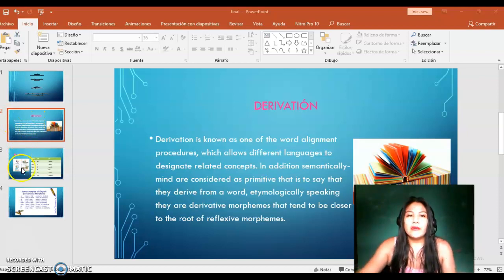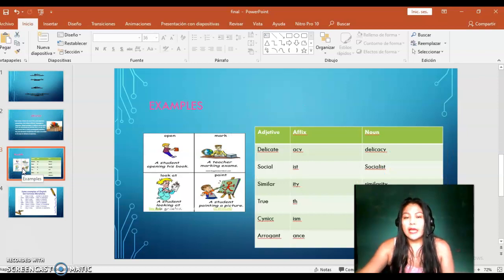An example of derivation: the adjective delicate, with the affix -acy, gives the noun delicacy. The adjective social, with the affix -ity, gives the noun similarity.